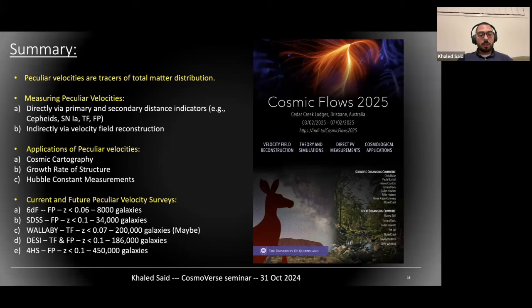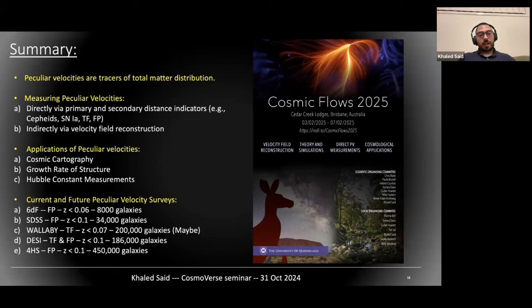And then we'll have WALLABY, but that will be a Tully-Fisher survey, and that will be using the HI profile, which is radio, and it will be using spiral galaxies instead of elliptical galaxies, which will be very good in checking systematics between the two measurements. And that goes to 0.07.